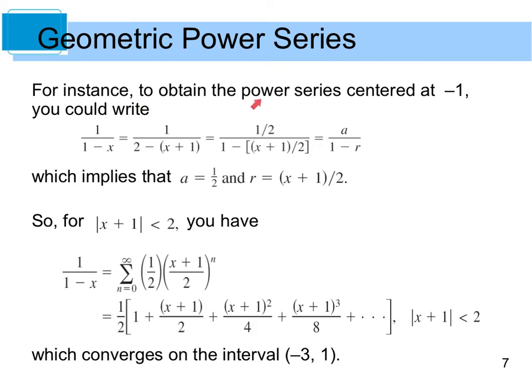Okay, so if we wanted to change it to be centered at negative 1 instead, this is a little bit of a switch that needs to happen. If I want a negative 1 center, I'm changing this x position to be the quantity x plus 1. In doing that, I really added a negative 1 to that part of the problem.